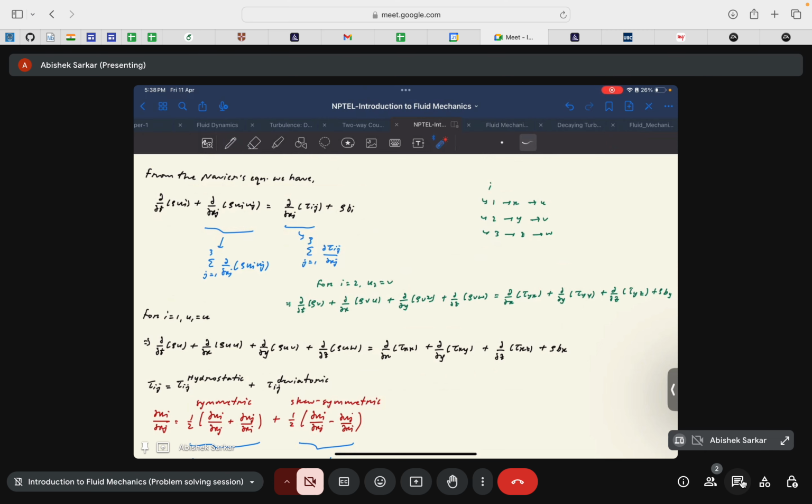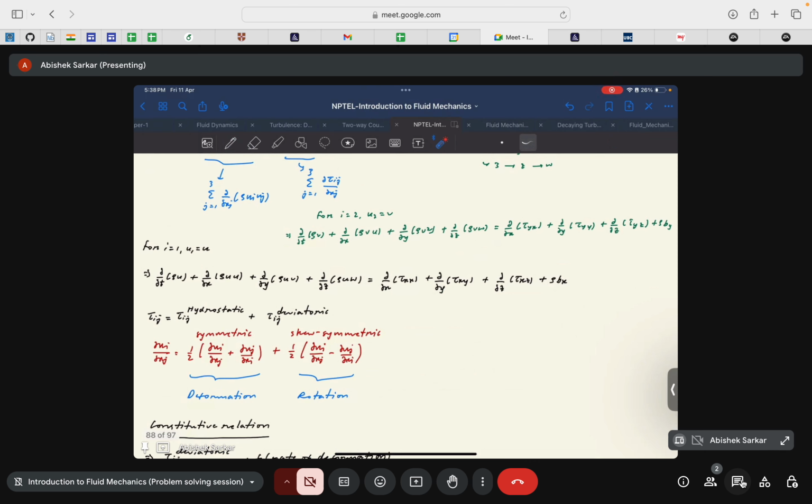Okay, so now for the sake of advancement, for today's discussion, let us keep our focus only on the Cartesian form of this Navier-Stokes equation. Now, of course, if you start from the vector form and then impose the respective vector components, you can derive the Navier-Stokes equation for, say, the cylindrical coordinate system and the spherical coordinate system.